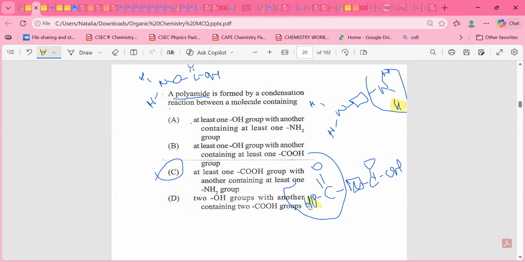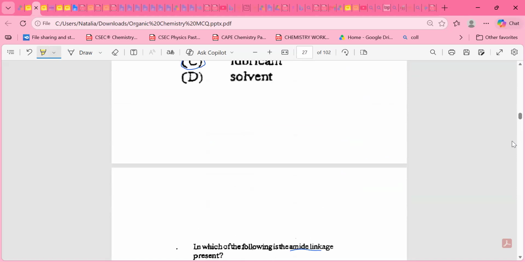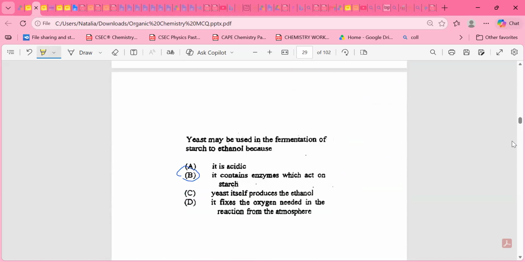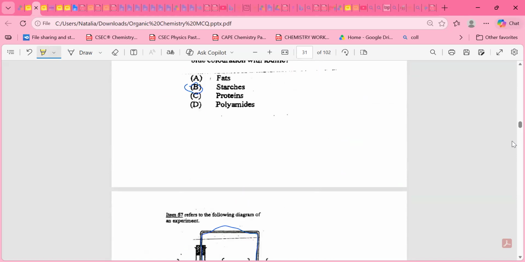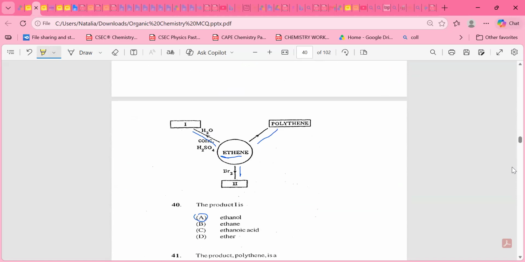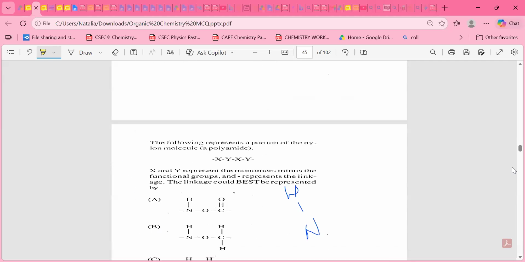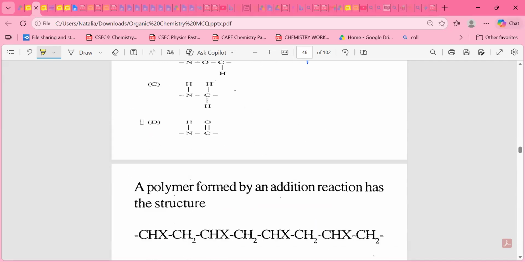So the monomer units are going to be linked with NHC double bond O. So to answer the question, we're looking for NHC double bond O. So the answer is that.